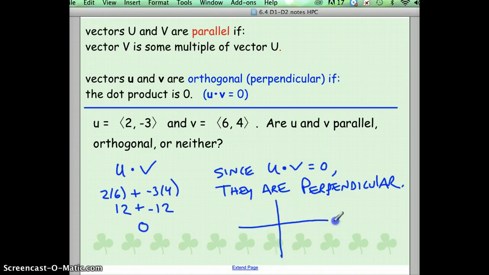If you were to graph these, just to kind of confirm, 2, negative 3 would be going to the right 2 and down 3. So something like that. And 6, 4 would be going to the right 6 and up 4. So maybe like that.